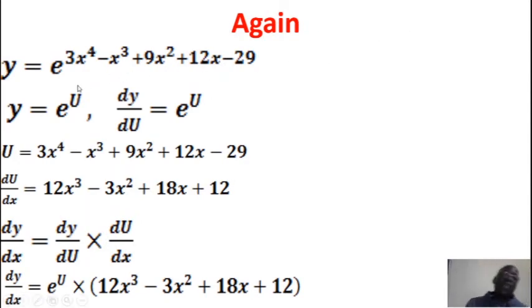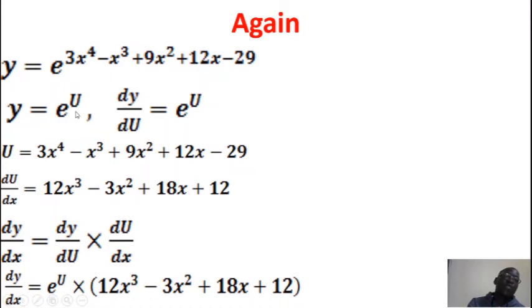Here we have another one again, that y is exponent of a whole of this: 3x raised to power 4 minus x raised to power 3 plus 9x squared plus 12x minus 29. What we have to do is to write that y is equal to exponent u, that is e raised to power u, meaning therefore that u is a whole of this power.